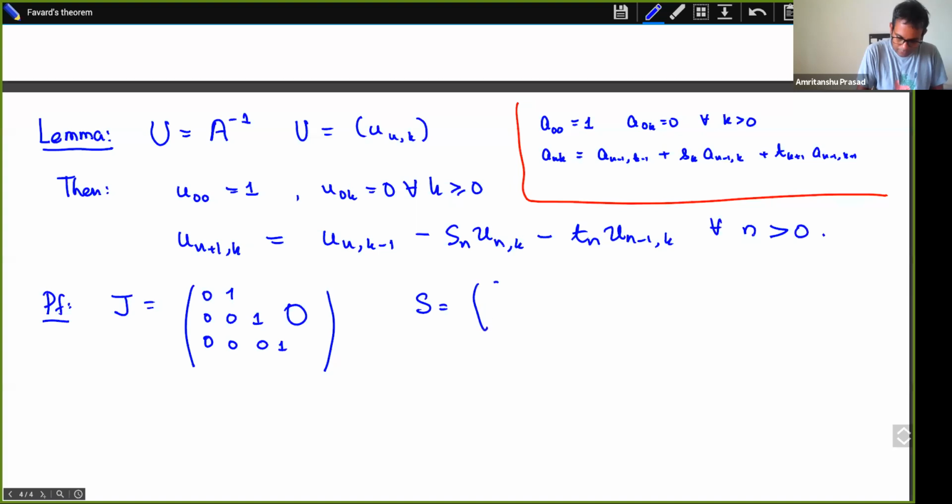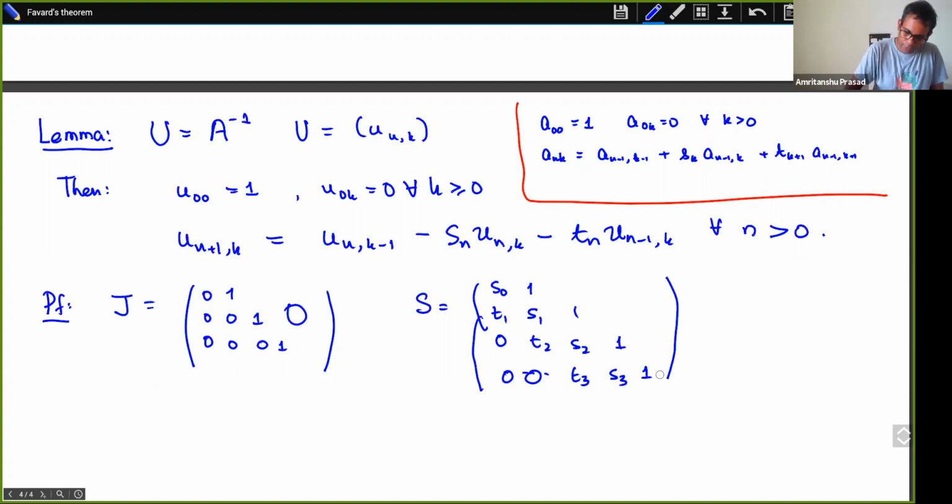S is the matrix with rows s_0, 1; t_1, s_1, 1; 0, t_2, s_2, 1; and so on. The next row will be 0, 0, t_3, s_3, 1. So this is another infinite matrix, not quite lower triangular. But the point is that there are only finitely many entries in each row to the right. Anyway, you have to check that matrix multiplication makes sense.